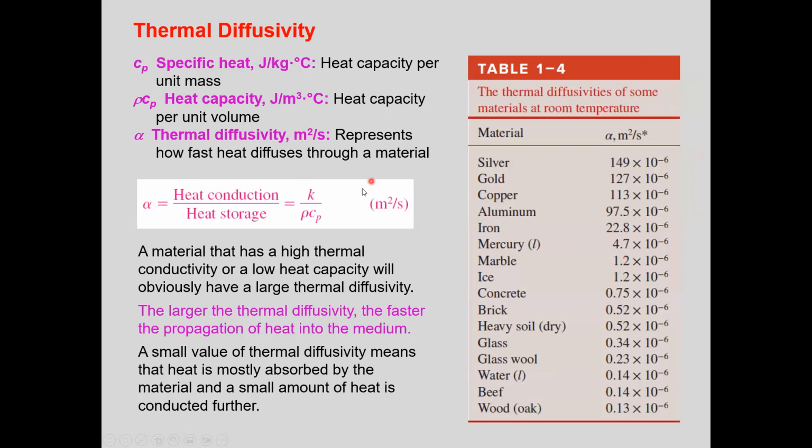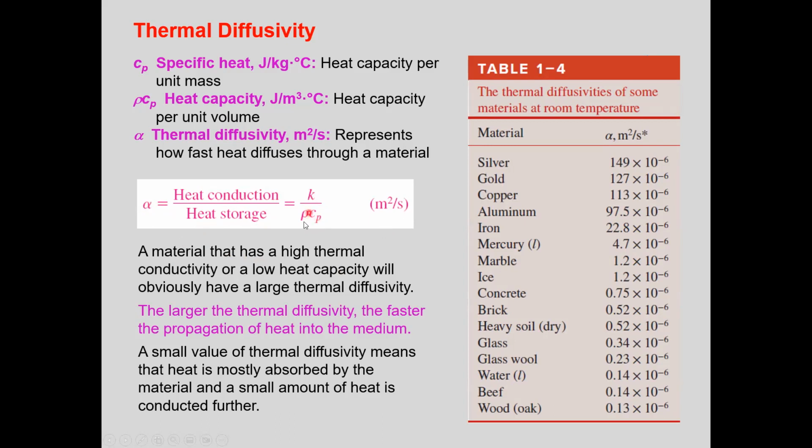Here we define another material property, which is called thermal diffusivity. Alpha is the thermal diffusivity, heat conduction divided by heat storage: K over rho Cp. K is thermal conductivity, rho is density, Cp is specific heat.